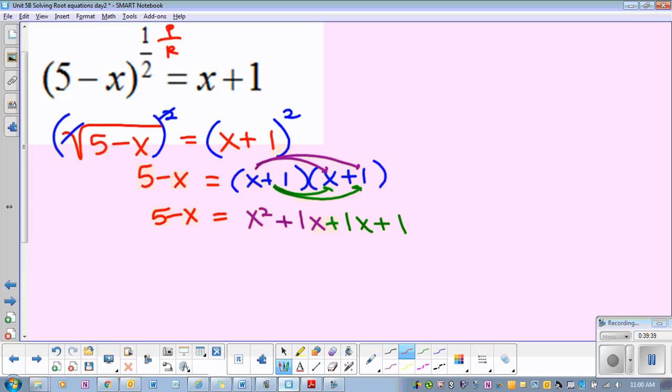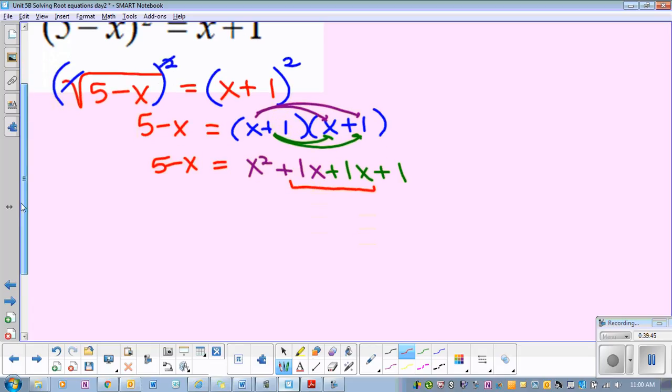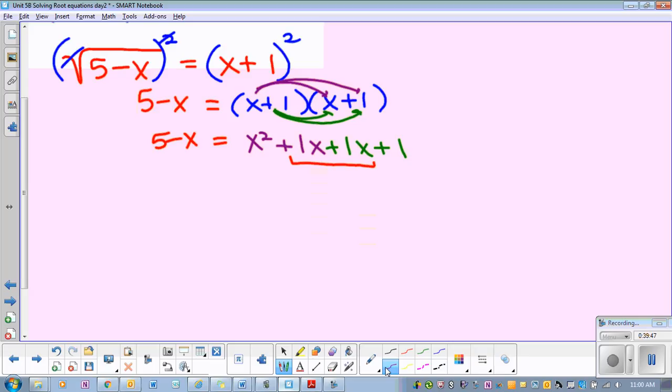So look at that. On this right side, you have these 2 like terms here. You can combine. So we have x squared plus 2x plus 1 that equals 5 minus x. I have a trinomial situation again, guys. We need to make this equal to 0.